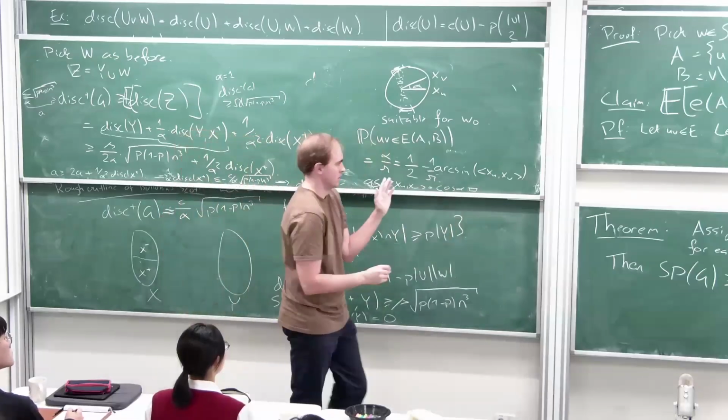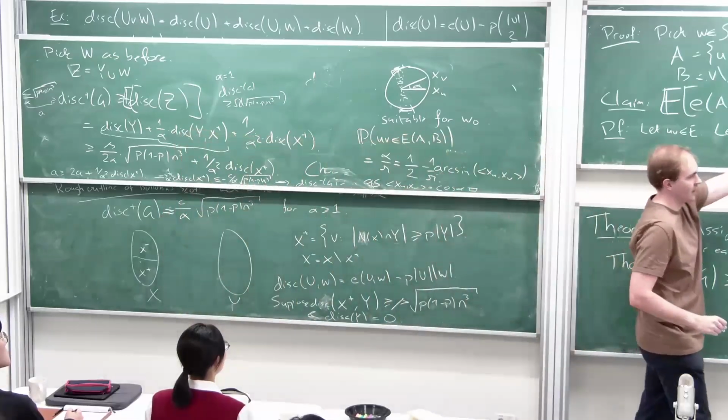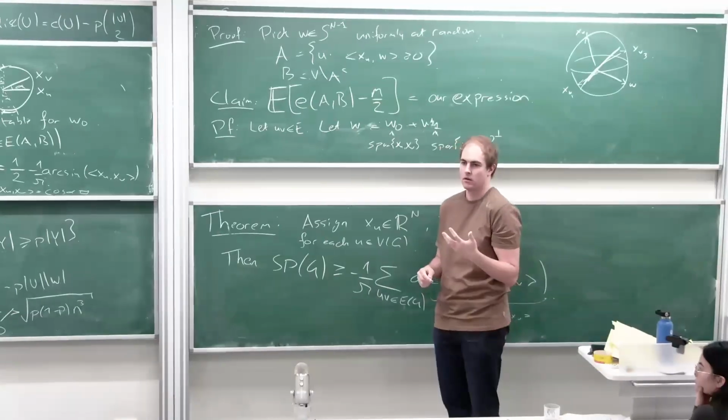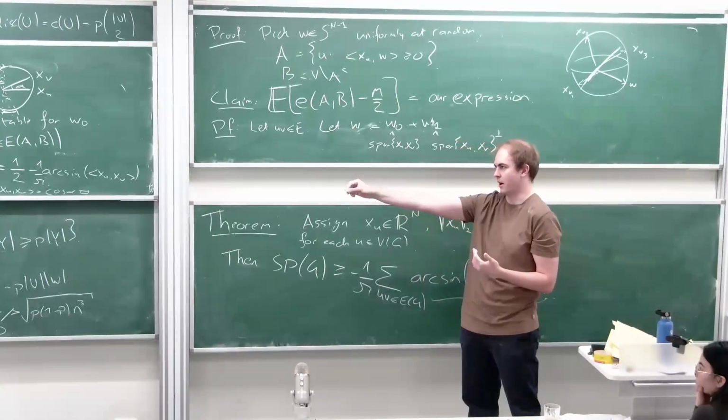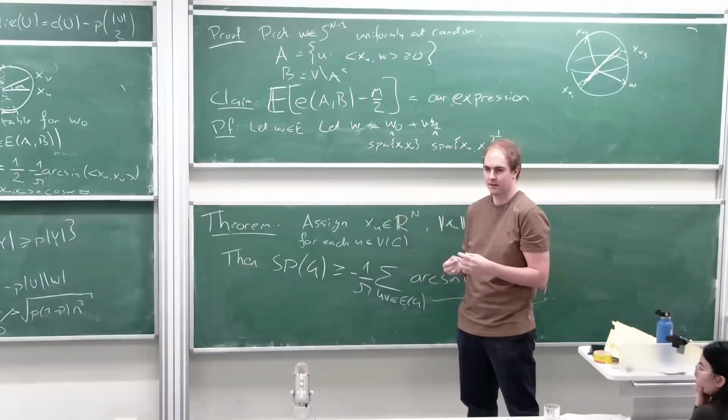And now the half cancels with the m over 2. So we are left with this minus 1/pi times the arcsine of the inner product of XU with XV.